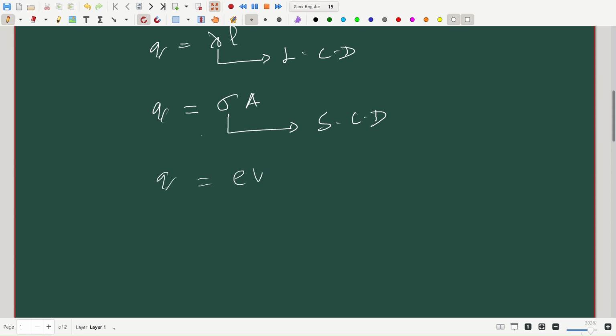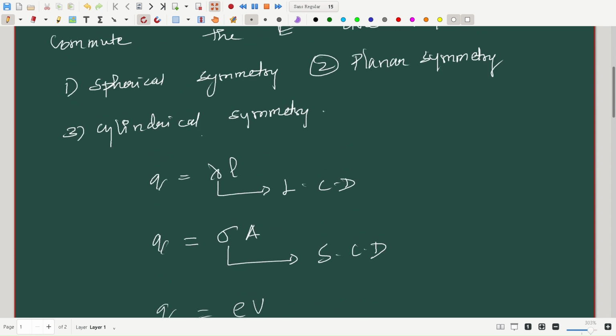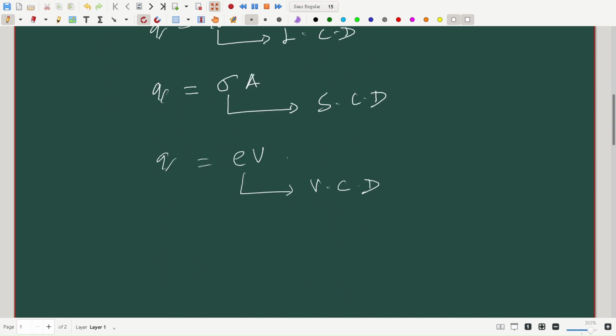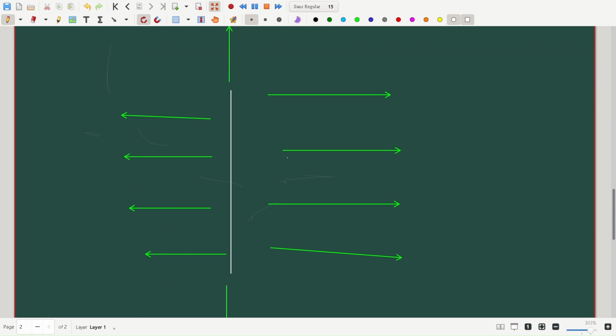And finally, we also saw the volume charge distribution, where Q is equal to rho into V, where rho is the volume charge density. So here today we will derive the electric field of one particular system with one symmetry and one charge distribution. So let's take the simple case.